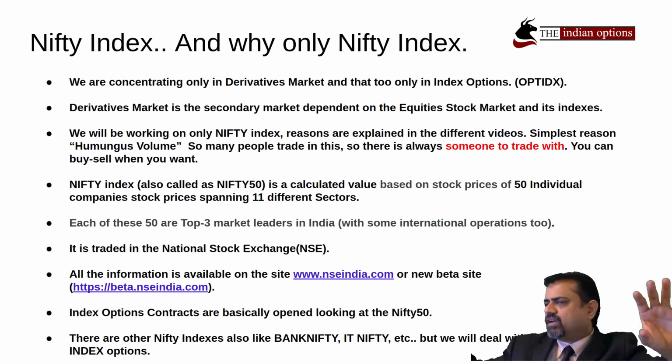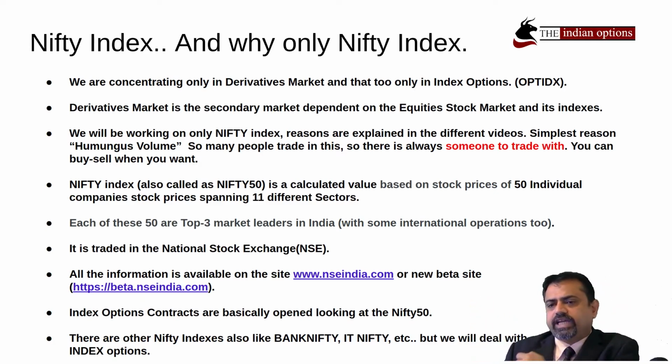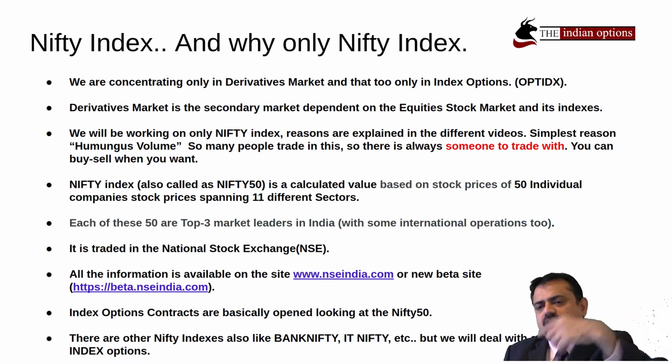There are traders talking about it and trying to guess what the onion price is going to be 3 days, 5 days, or 10 days down the line. Based on their understanding of the market, they are trading. So this is the secondary market.